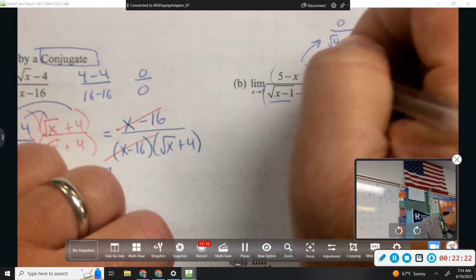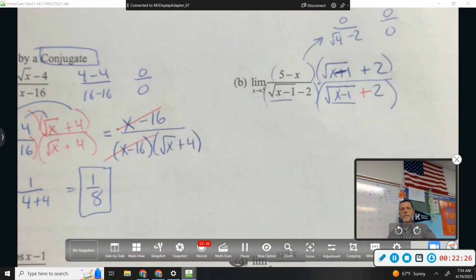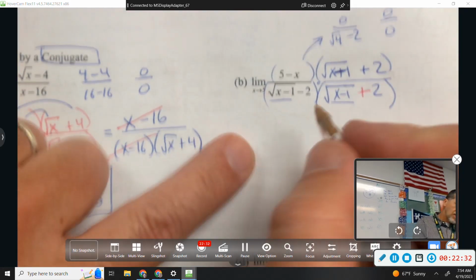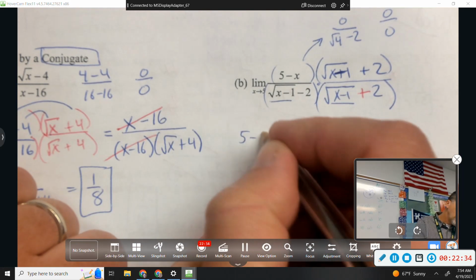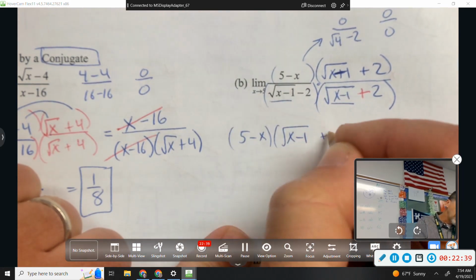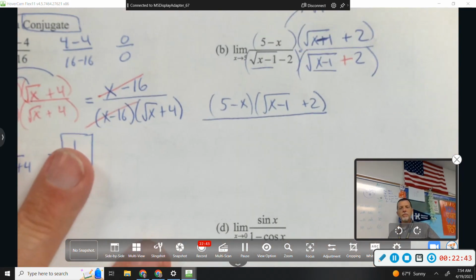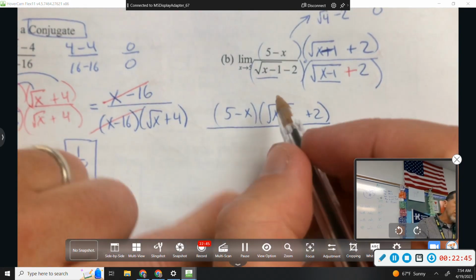That should be x minus 1. Yeah, otherwise we're not multiplying the top and bottom by the same thing. So we're leaving the top alone, hoping that something magical happens and we don't have to worry about it. But we're multiplying by a conjugate, so probably something magical is going to happen.